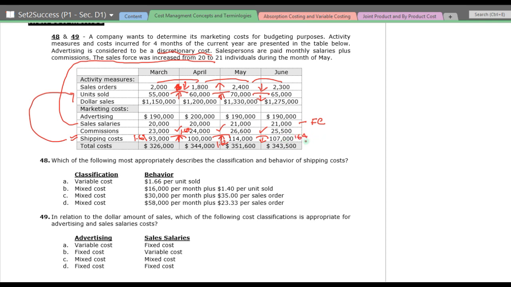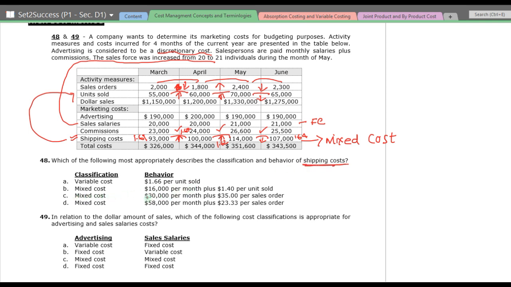So this is an example of mixed cost. So the classification and behavior of shipping cost is mixed cost.